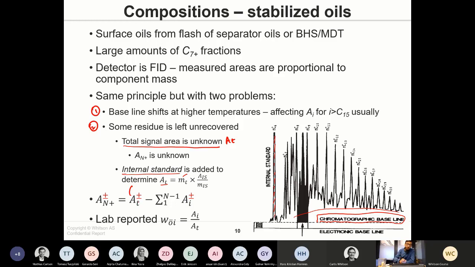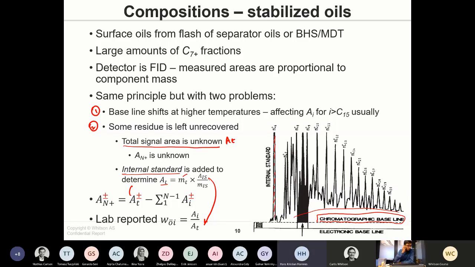So you always have some uncertainty here, and all these uncertainties add up to the uncertainty in the heaviest fraction amount. The heaviest fraction amount is always more uncertain compared to the amounts of all other components. The lab reported mass fractions are just the ratio of the area of each component divided by the total area that we got from the internal standard.